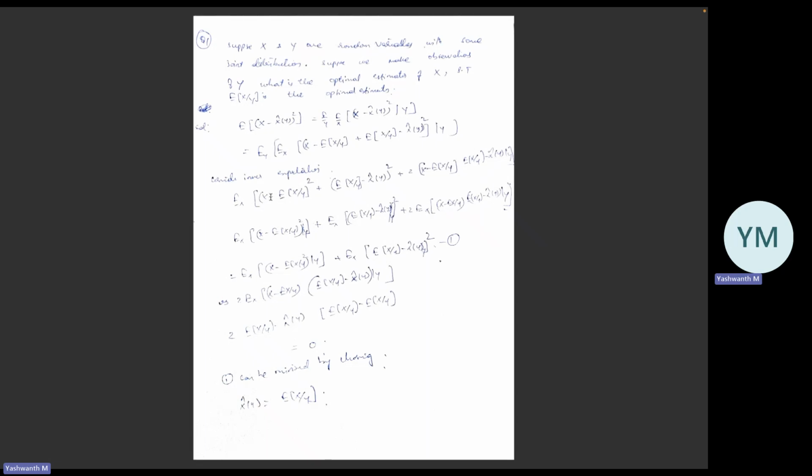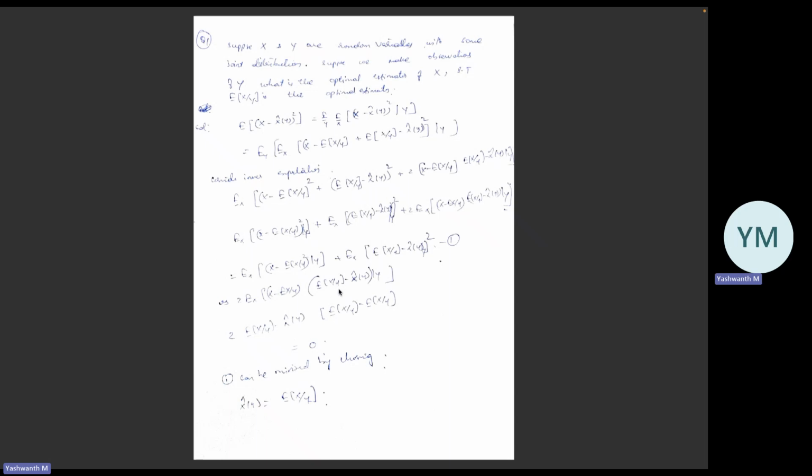We have the expansion a square plus b square plus 2 times ab, and of course everything is conditioned on y. We can take expectations as expectation is linear, and this is equal to the first two terms, and the last term is 0 as shown here.